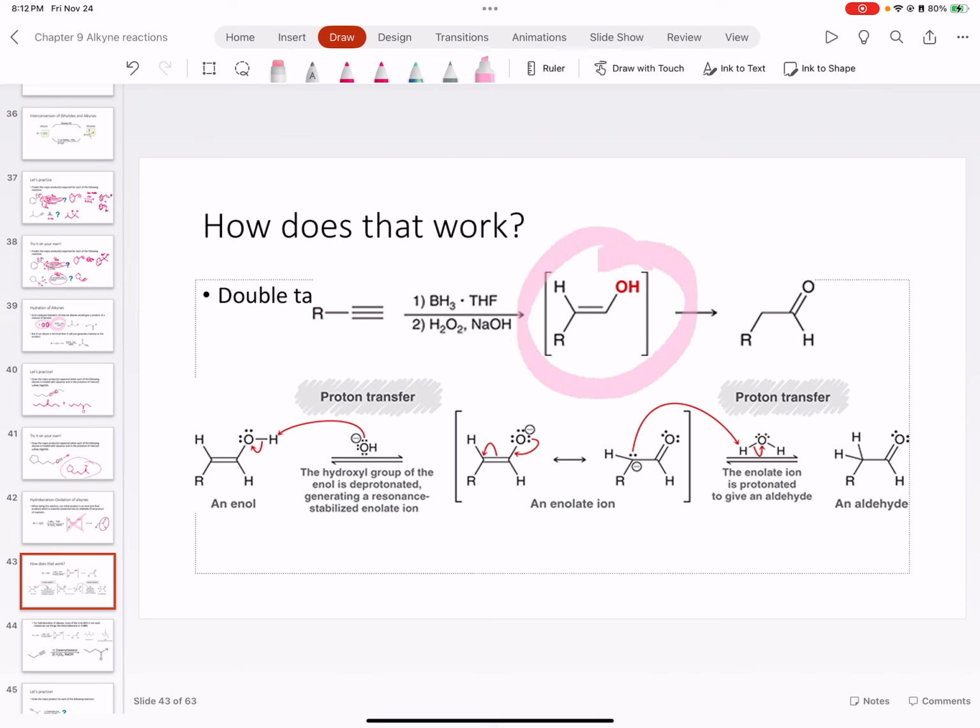So if we observe this, the enol from here, the OH that we have in here takes a proton from it, which goes in with that broken bond, and it becomes a lone pair on that oxygen.